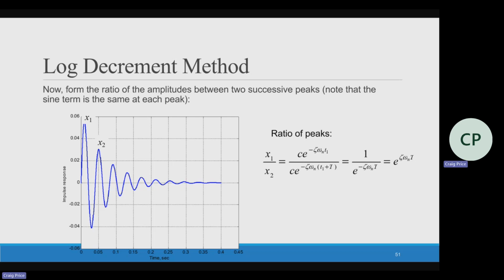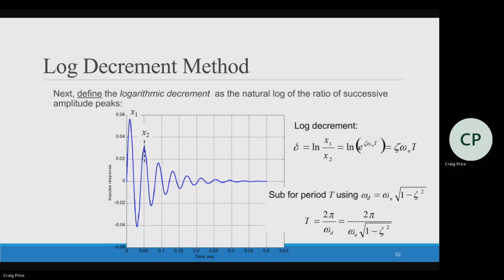You don't really need to know this, but you can see there, right? It's based on the damping ratio and the natural frequency. So for those 2 peaks, because I know the period, I can find at least what the damping ratio is and the natural frequency, what those are combined. Now we start doing a log decrement. So if I take the natural log, I can get rid of that E, and we can make some substitutions here.